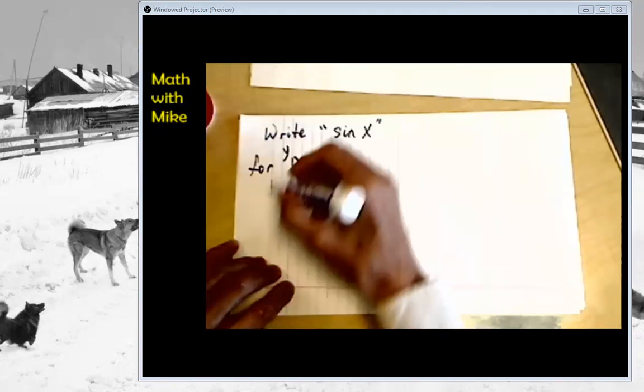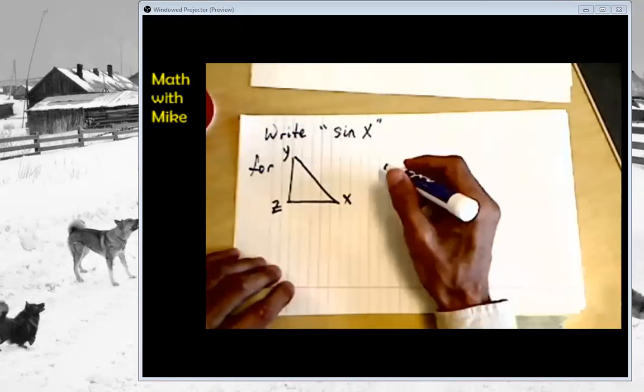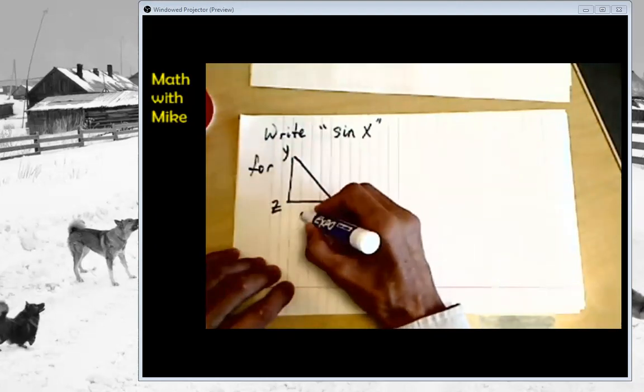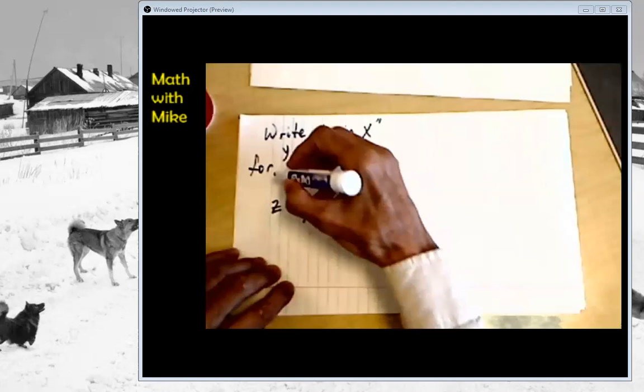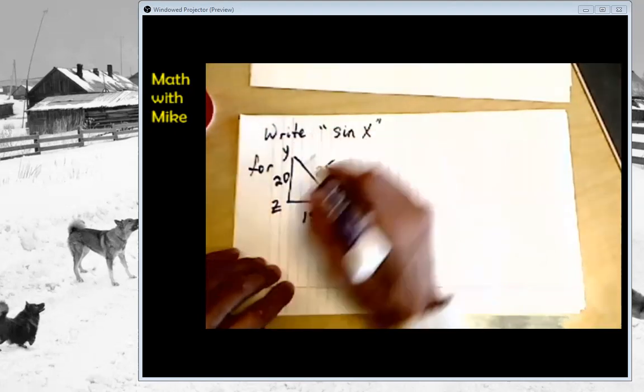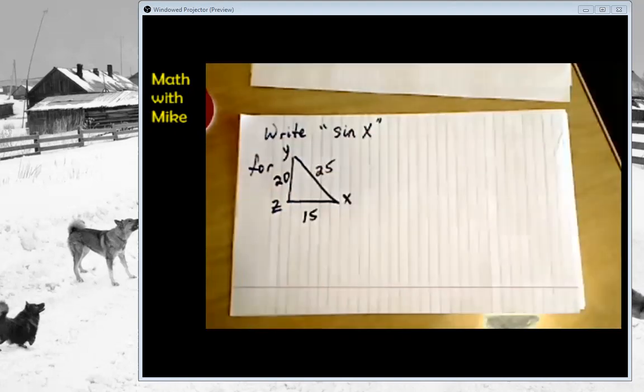X, Y, Z. And we'll say 15, 20, 25, if that works out on the screen there. It's not bad.